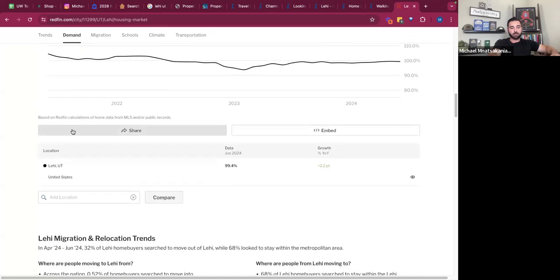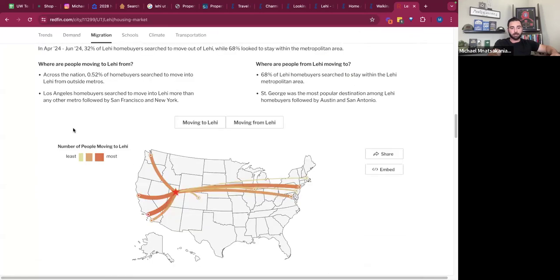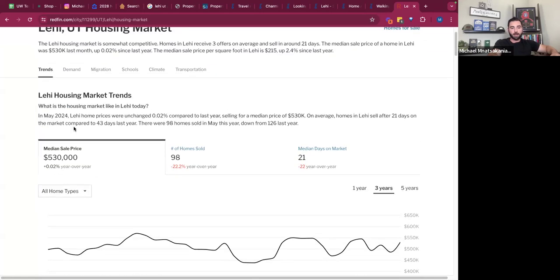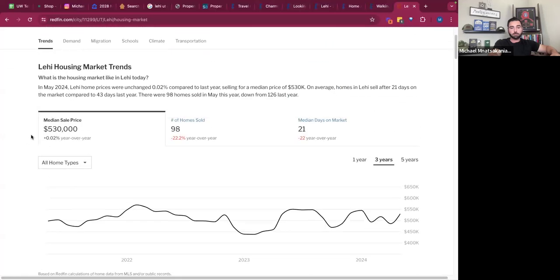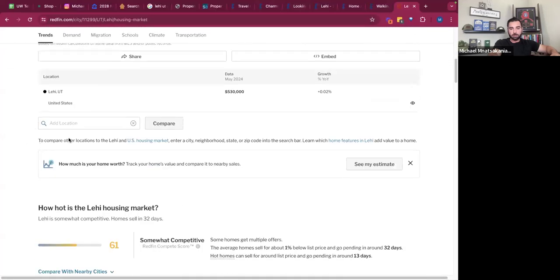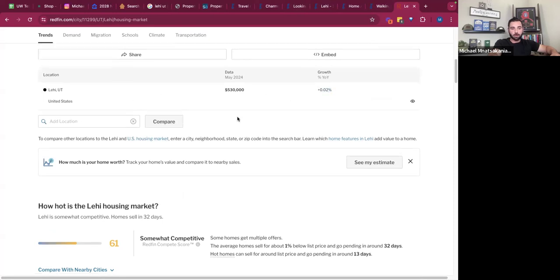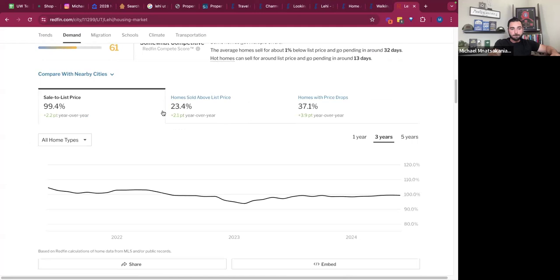Townhomes and condos do not appreciate nearly the same amount. Let's see if it's got a percentage for us. So this year, it's fairly flat. It doesn't show much before. I'd love to know how much. What is this? Sale to list price, homes sold above. What we want to see is a lot of properties are actually losing value, right?